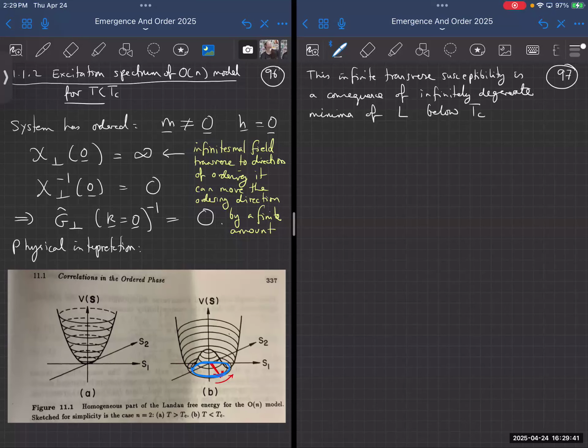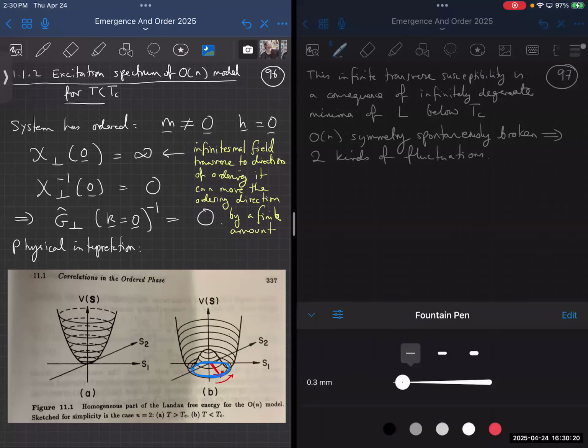So when we have ON symmetry spontaneously broken, then we can have two kinds of fluctuations. And those two kinds of fluctuations are fluctuations in the direction of ordering, the longitudinal direction, and fluctuations in the transverse direction.